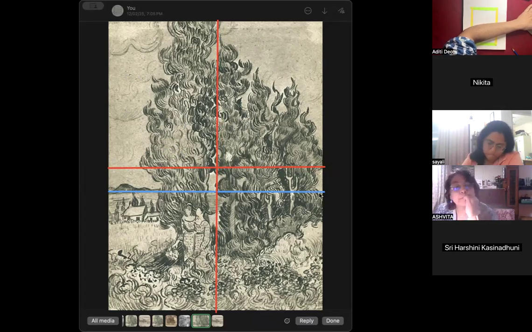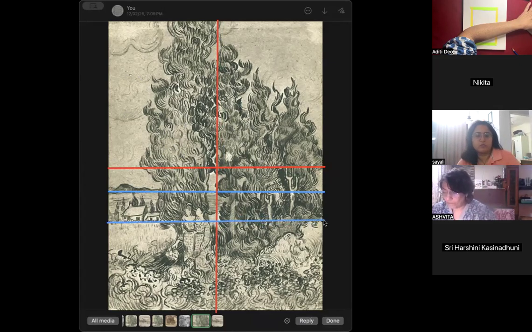So we have the horizon line, then below that we have a line of where the houses are placed, then below that we have a line where the bush ends from the bottom on the left. On the top it rises a little bit. Then on the second blue line is where you will see mostly the bulk of the trees coming in.